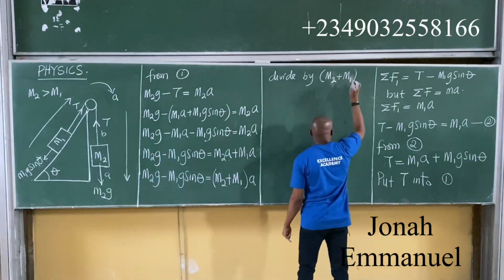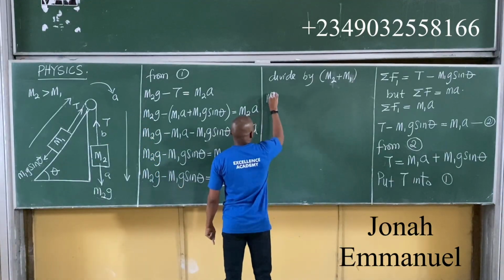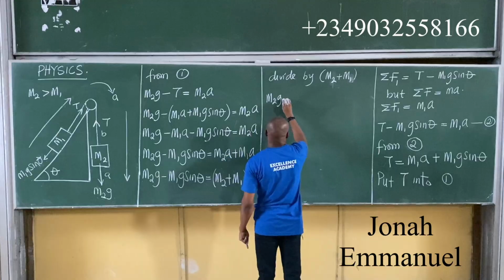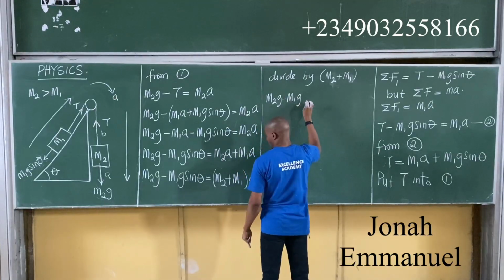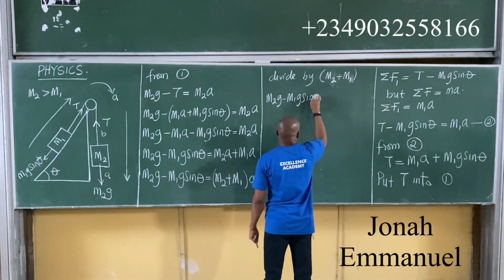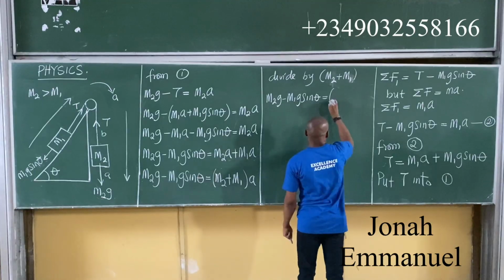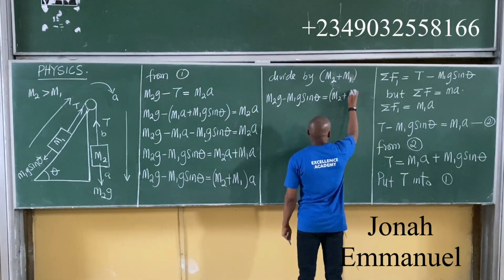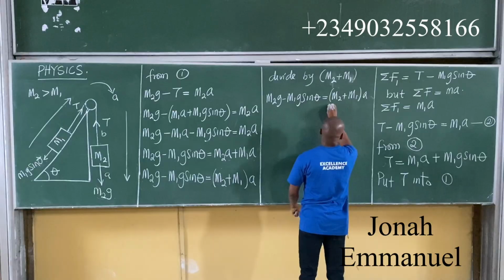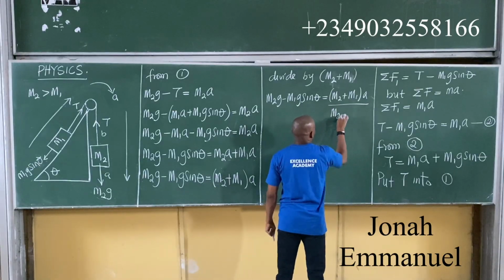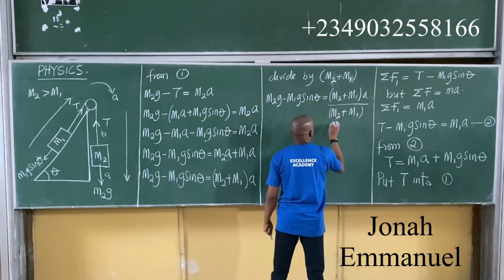This now becomes M2g minus M1g sin theta equal to (M2 plus M1) a.